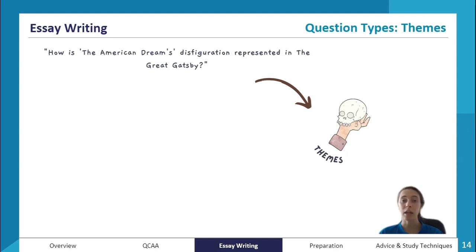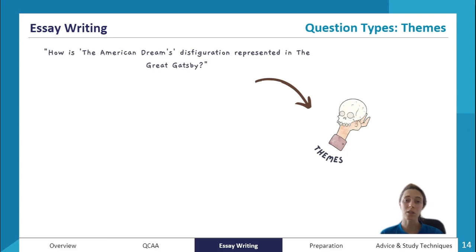So again, it could be that idea of gender, it could be power and ambition, it could be violence, it could be blood or the nighttime, the evil of night, good and evil. Even animals as well often are used in that symbolic kind of sense in these sorts of texts that you will be studying. So these questions are all about that kind of thing.